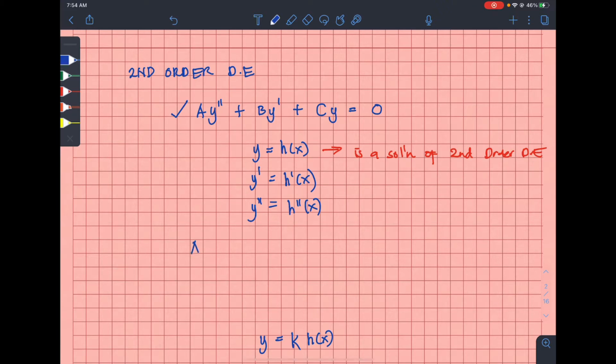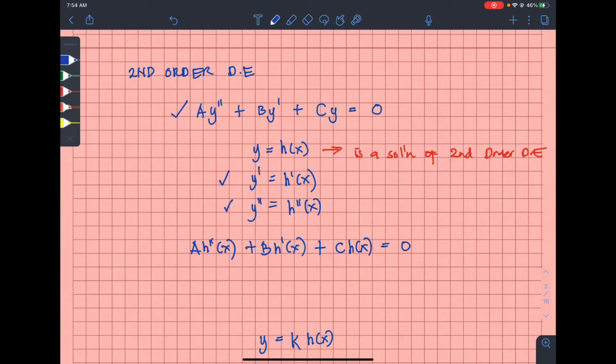So a y double prime is equal to a h double prime of x, plus b y prime is equal to b h prime of x, and plus c y is equal to c h of x, equal to 0.